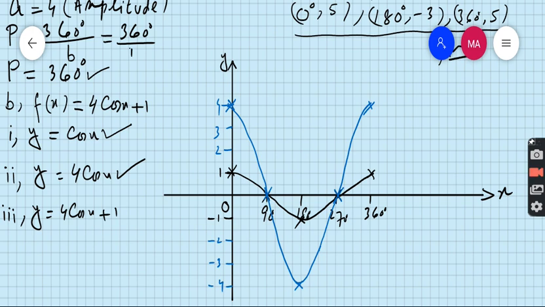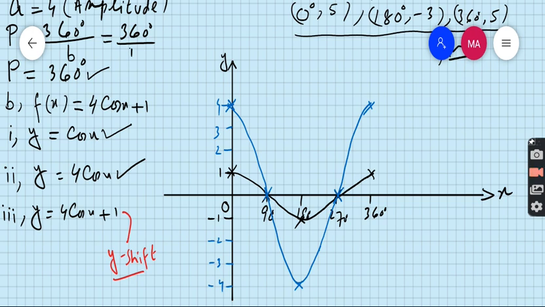Next, the final stage. The final stage is to draw the graph of our requirement. This time I will use red pen. y is equals to 4 cos x plus 1. This plus 1 shows the y shift.